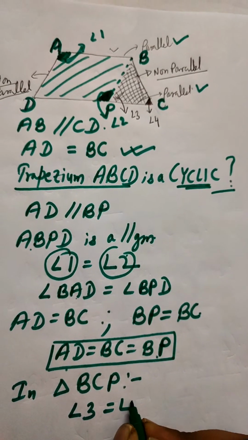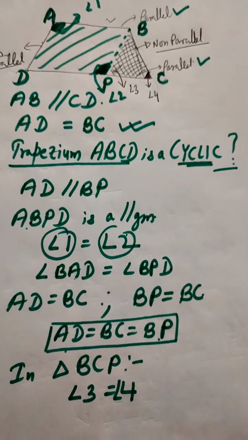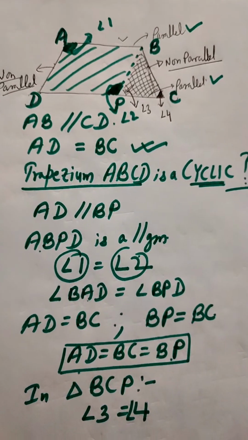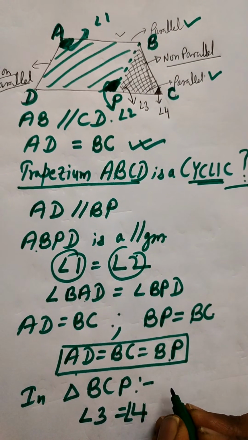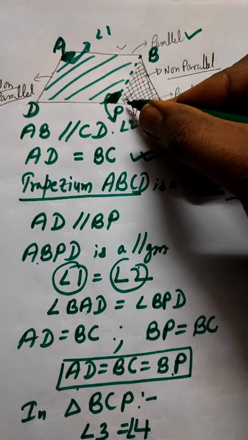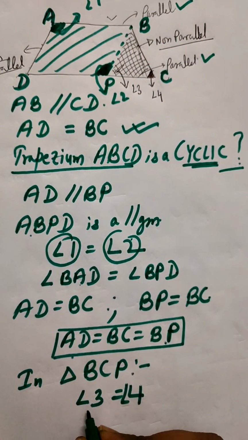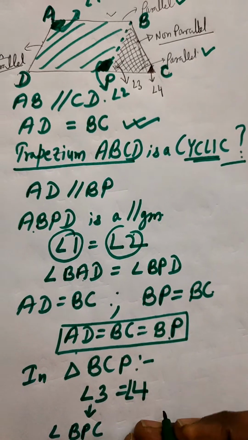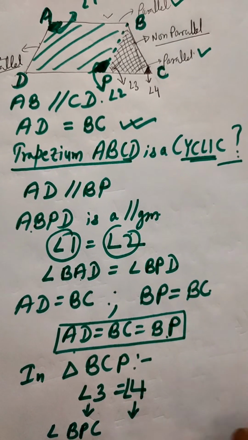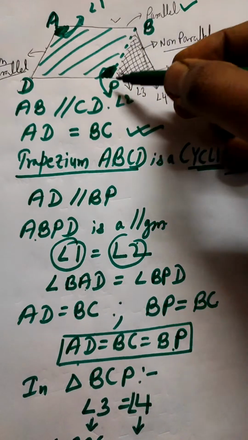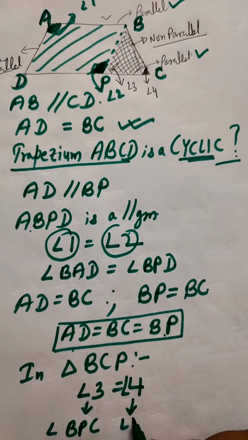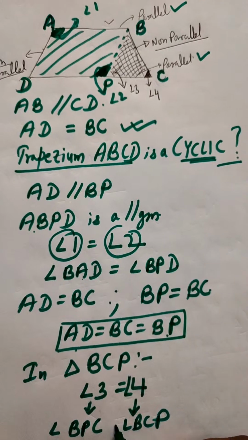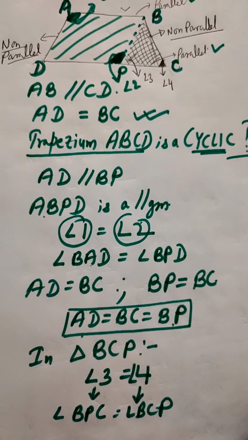But what is angle 3 and what is angle 4? Angle 3 is angle BPC, and angle 4 is angle BCP. Why are these equal?